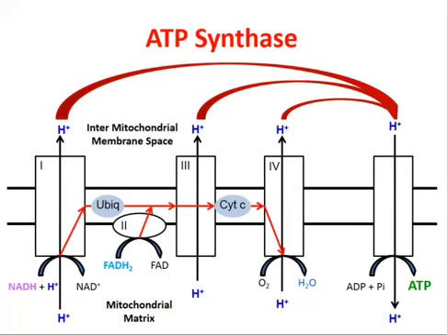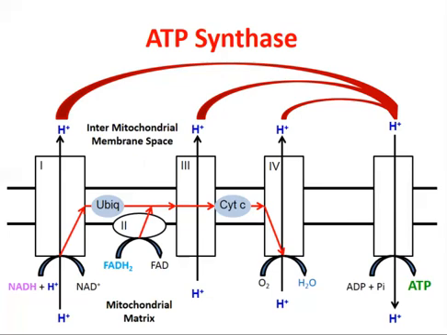So the main idea behind this whole system is that we have electrons being donated from our reducing equivalents to the electron transport chain. So energy from electrons is being used to pump hydrogen ions out of the mitochondrial matrix into the inner membrane space, creating this hydrogen ion concentration gradient, also known as proton motive force.